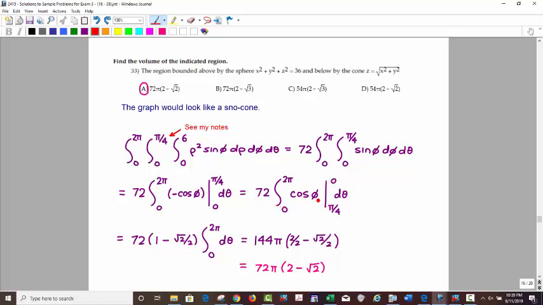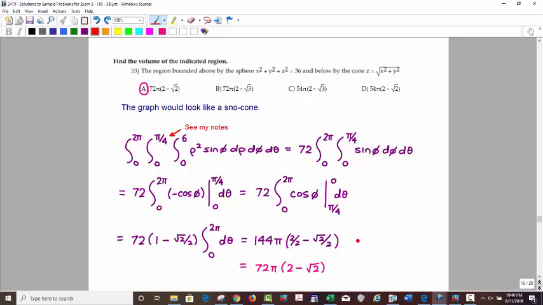Now it's cos phi from 0 to pi over 4. Cos of 0 is 1. Cos of pi over 4 is root 2 over 2. With 72 in front. And now we have 0 to 2 pi of d theta, which produces theta, which gives us 144 pi.